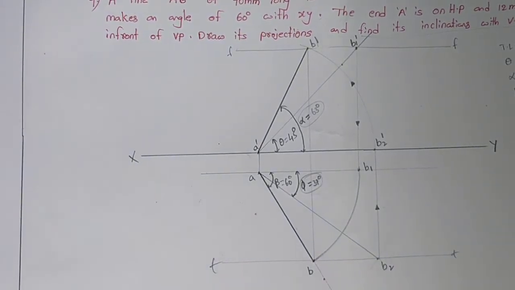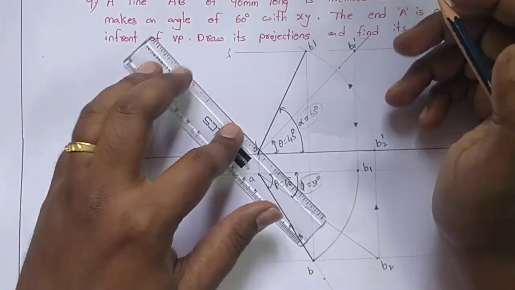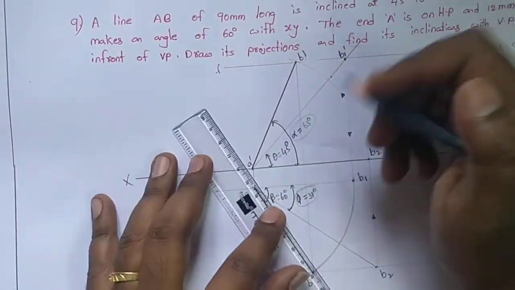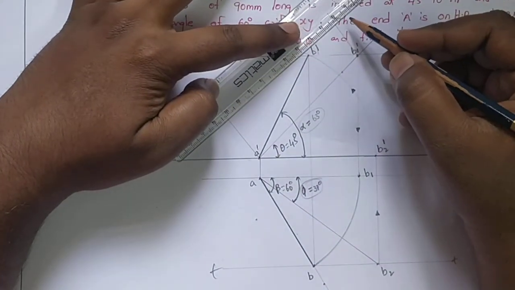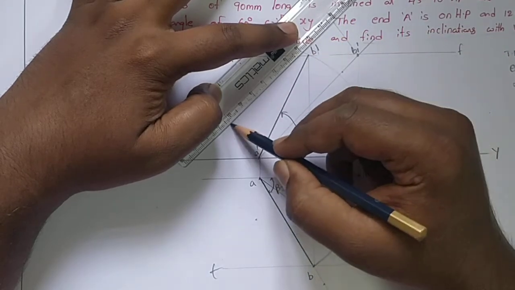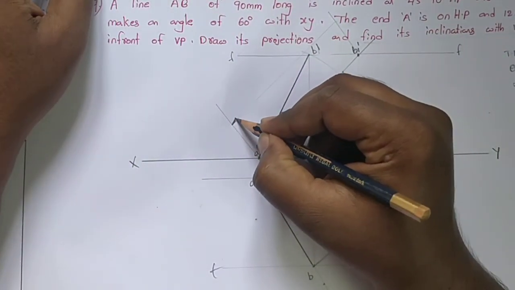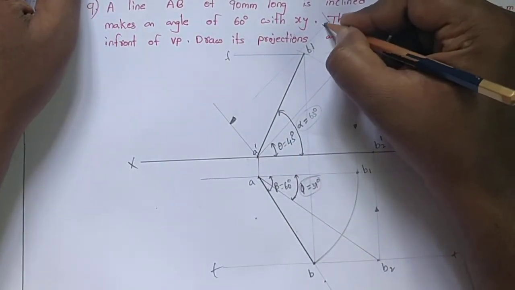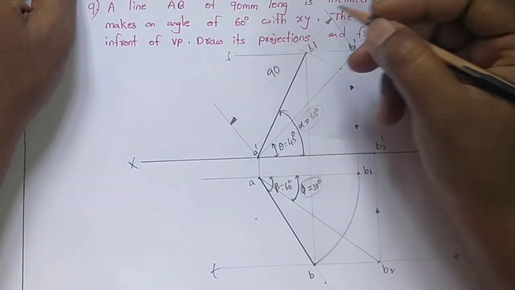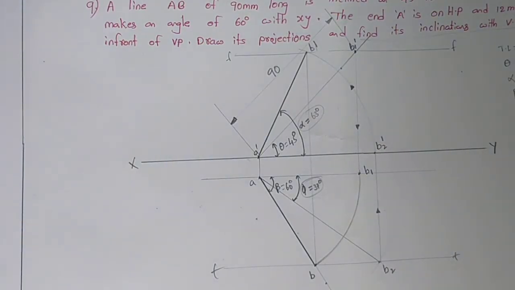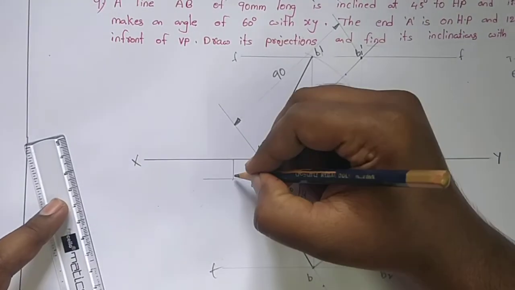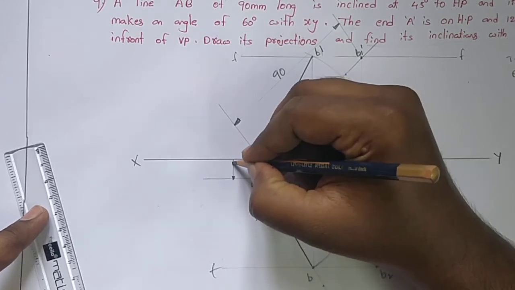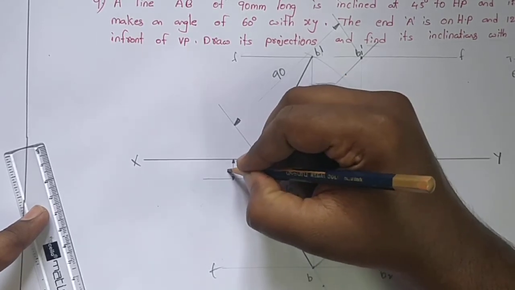Next, after completion, we need to give the dimensions for this object. Here, the true length of the line is given as 90 mm. Next, the end in front of VP is 12 mm.